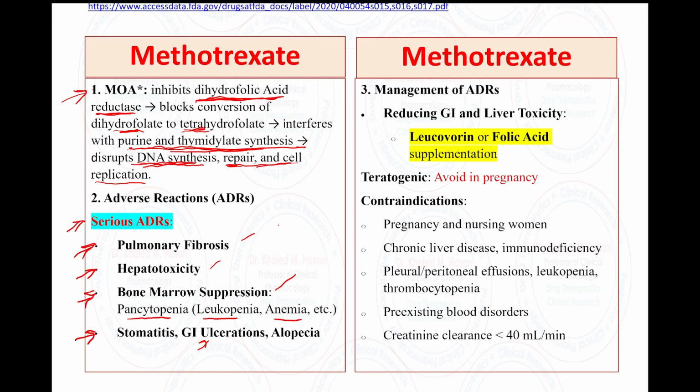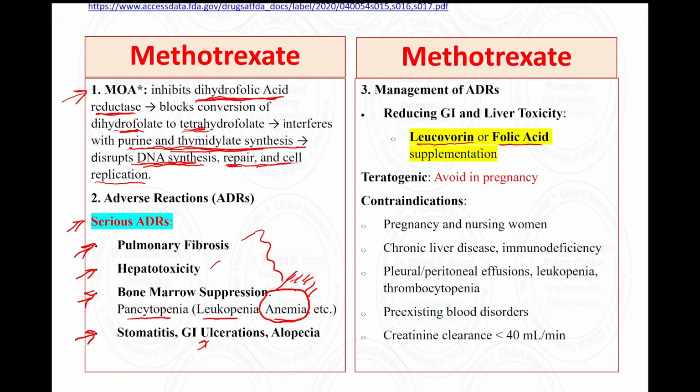We know that folic acid is important for blood cell function, and deficiency of folic acid will lead to anemia. So in order to prevent the anemia or any of these side effects, and the most important complication maybe anemia, we recommend to prescribe folic acid or another medication called leucovorin.